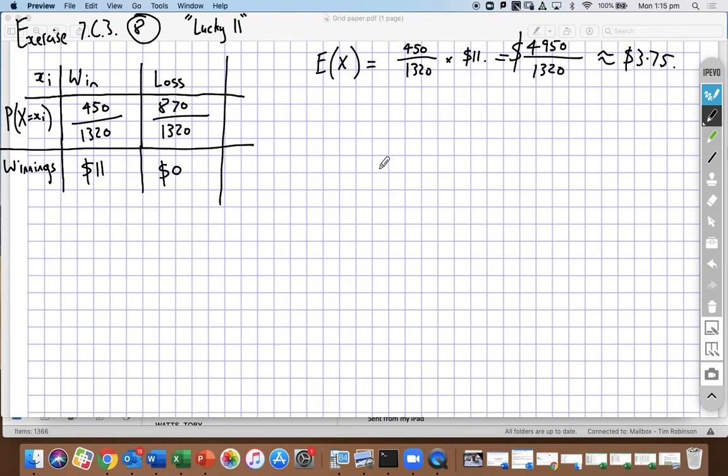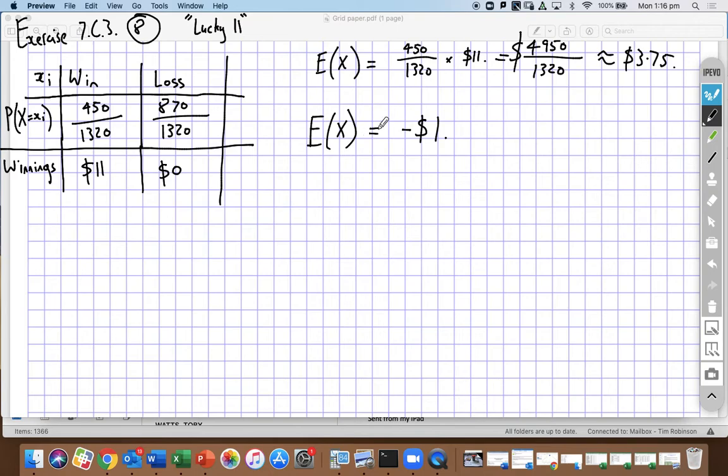Right? So if you want your expected value here, it needs to be minus $1. Right? So that's from the perspective of you playing the game. So you're going to play the game, and on average, you're going to lose $1 every time you play that game.